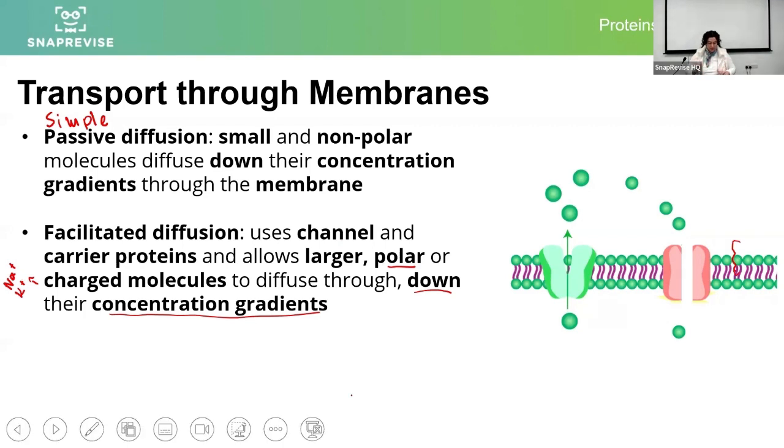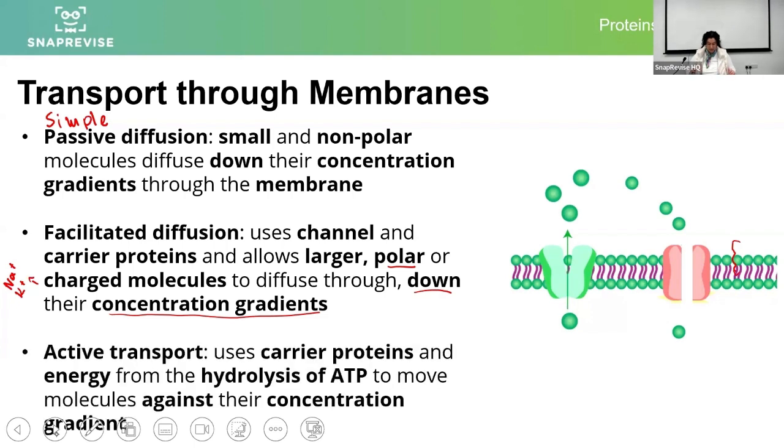Finally, we have active transport, which, as the name suggests, requires energy in the form of ATP. It uses carrier proteins only, not channel proteins, and uses energy derived from the hydrolysis of ATP.